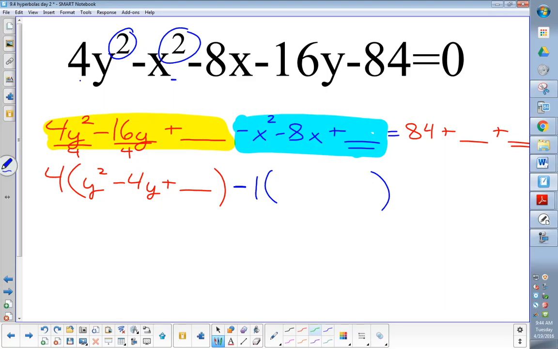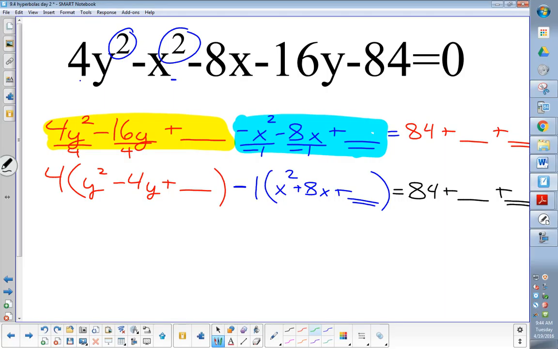Anytime you're doing a hyperbola, we don't even want that negative in there. So we're going to factor it out. So when I factor it, it's like I'm dividing both things by negative 1. So this is going to be a positive x squared, and plus 8x plus blank equals positive 84 plus blank plus blank.